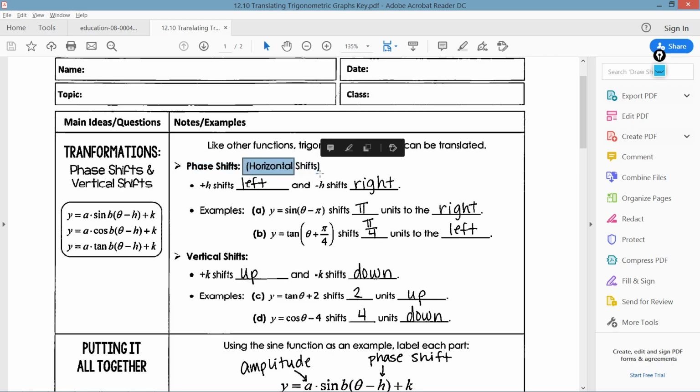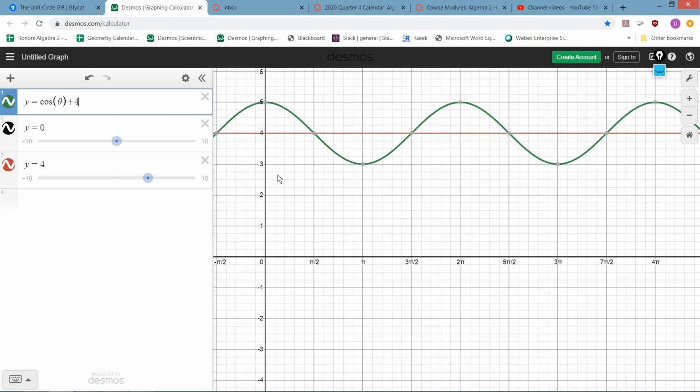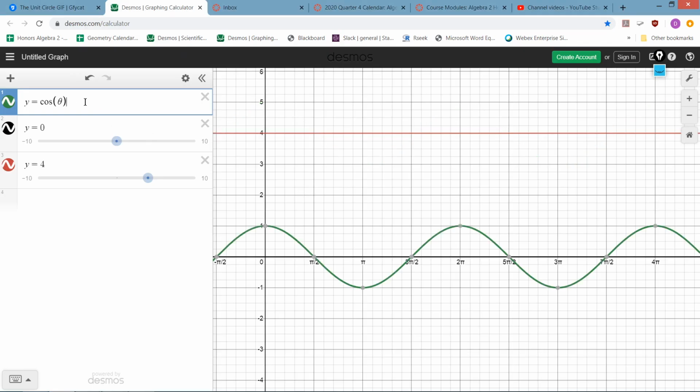Because a horizontal shift on most graphs is obvious. Think about, for example, what if I take y = cosine of theta and shift it by 2 pi? Pay attention. I've got a point here and a point here at 0 and 2 pi at y = 1. What if I add +2 pi?